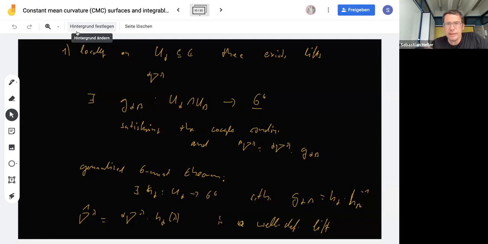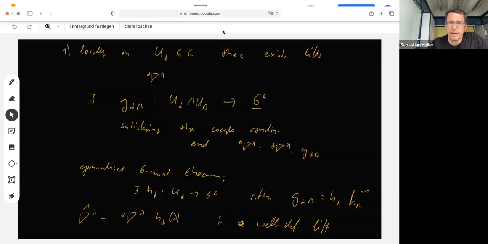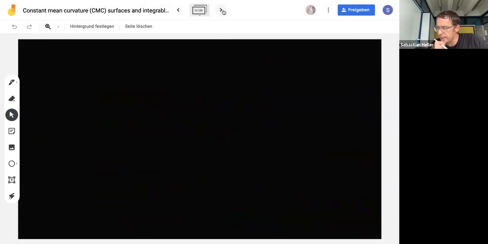And now then there's the second step, which is basically a counterpart of some existence part of the DPW method. So I originally learned it from DPW, or Dorfmeister, Pedit, and Wu.